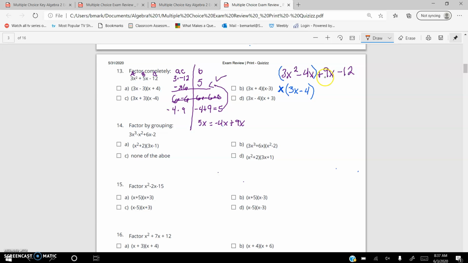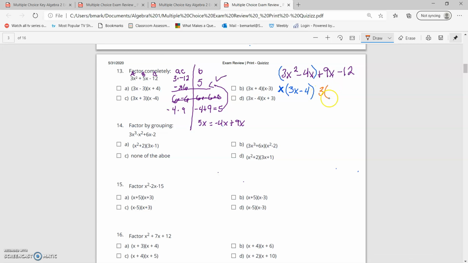9x minus 12. What divides 9 and 12 evenly? 3. And then 3 times what will get me to 9x? And 3 times what will get me to a negative 12?